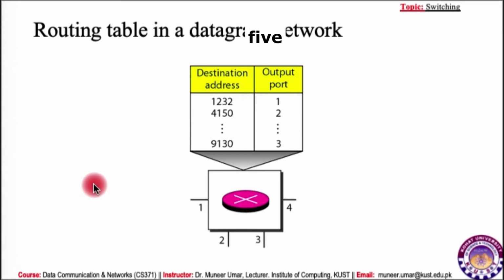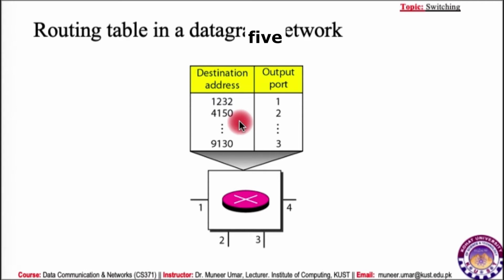In this type of network, each switch, which we usually call a router or packet switch, has a routing table which is based on the destination address. The routing tables are dynamic and are updated periodically.